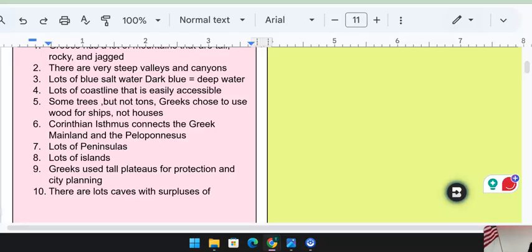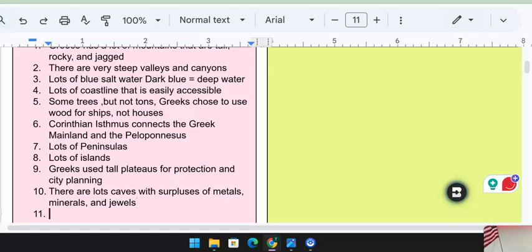Of metals, minerals, and jewels. Yeah, great.